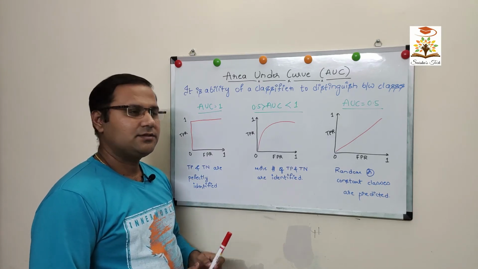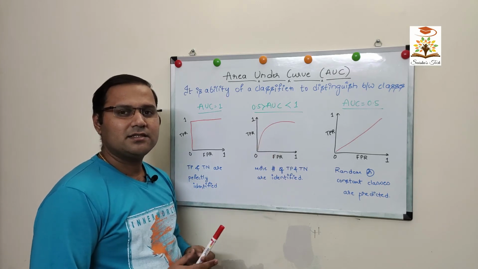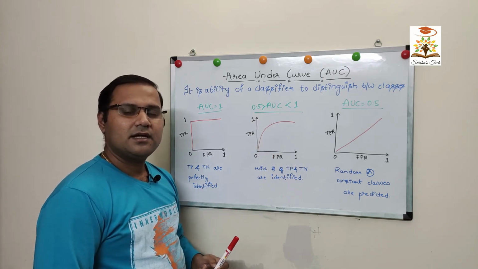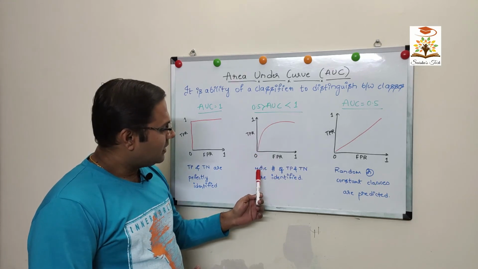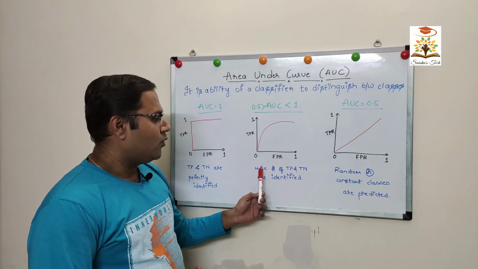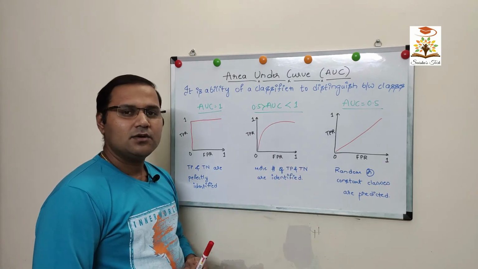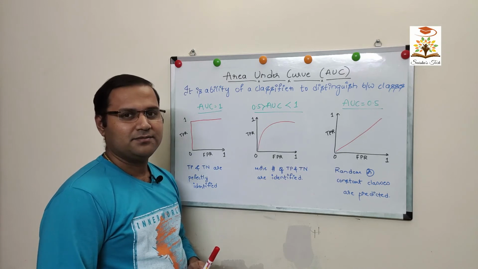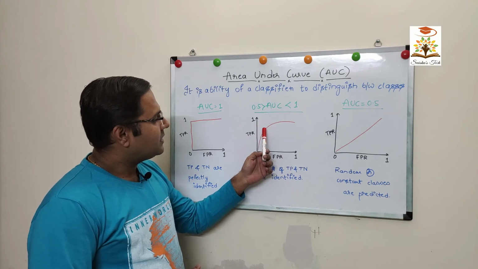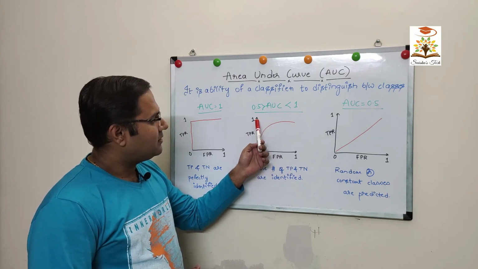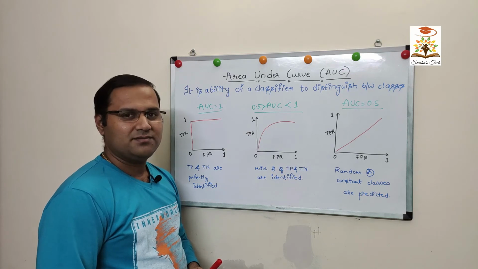If the AUC is between 0.5 to 1, which is the practical scenario in real life, here we are trying to achieve a larger number of true positives and true negatives identified correctly. As the curve tends towards 1, that is the best model.